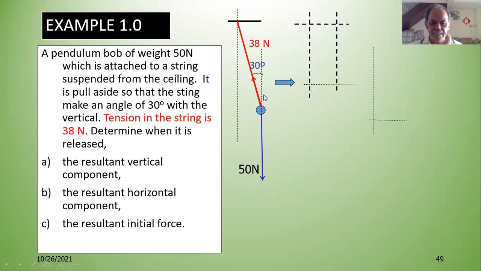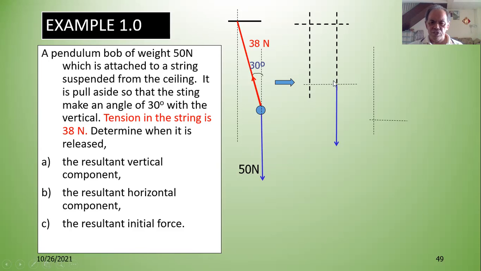This is vertical. This is also vertical. So these are alternate angles, 30 degrees. You are given the tension in the string is 38 Newton. Determine, when it is released, the resultant vertical component. At the point where it's released, there's a resultant vertical component.